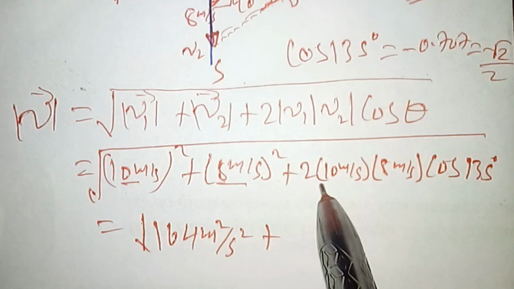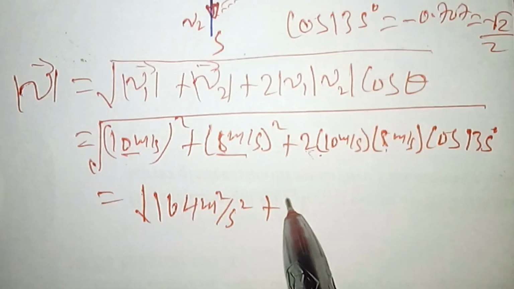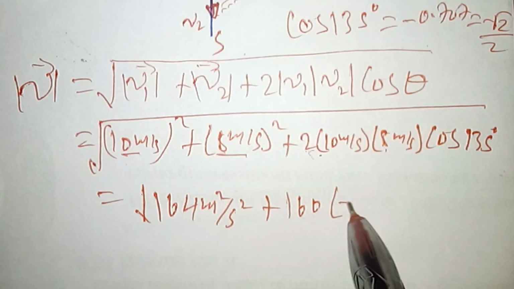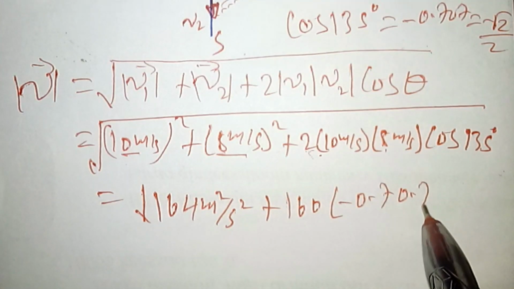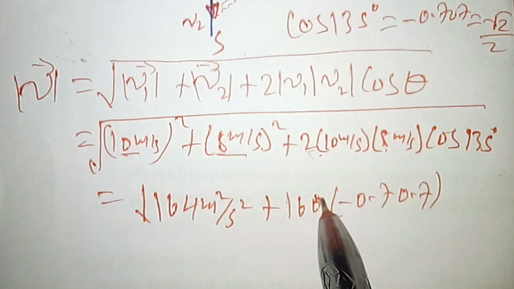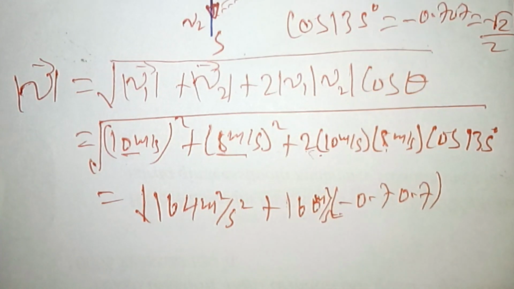Then if I multiply these numbers together I get 160 times minus 0.707. So this is meter squared per second squared, don't forget it, the whole under radical.